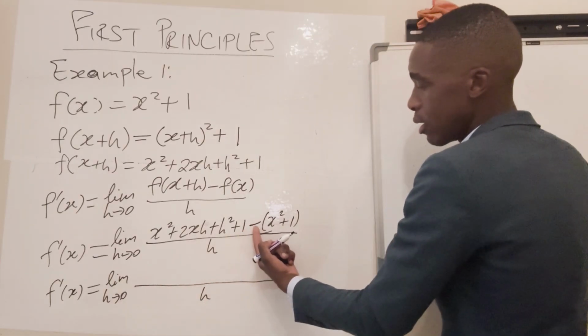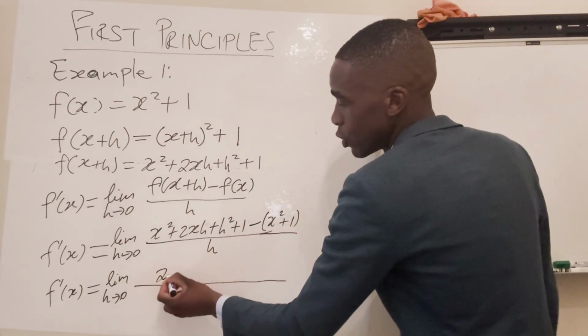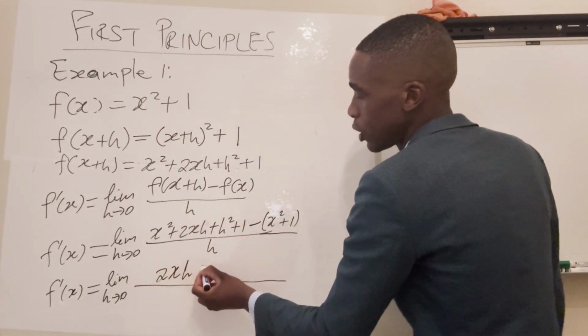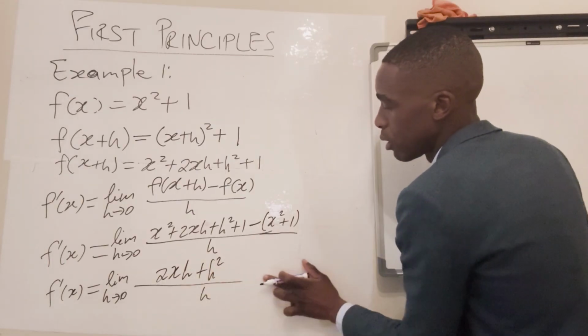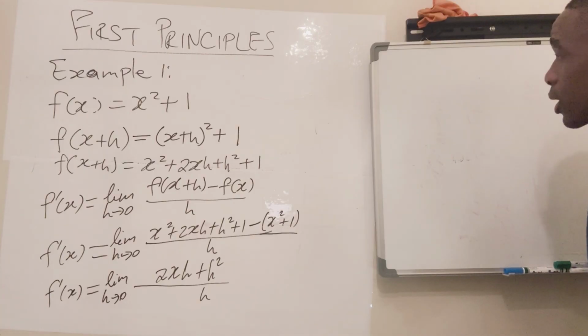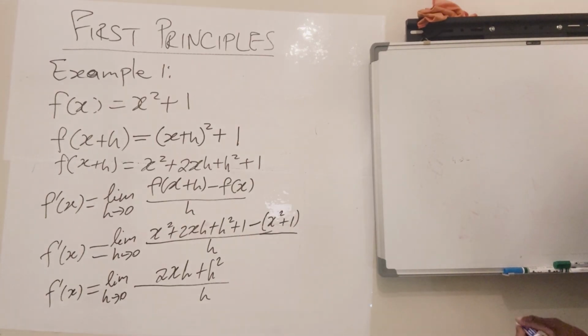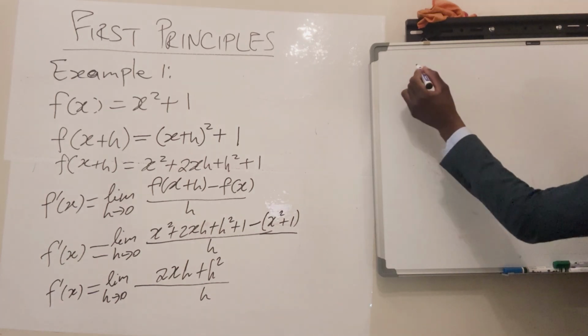Also the 1 minus the 1 goes away. So you are just left with 2xh plus h squared. Are we together? That's what you are left with.